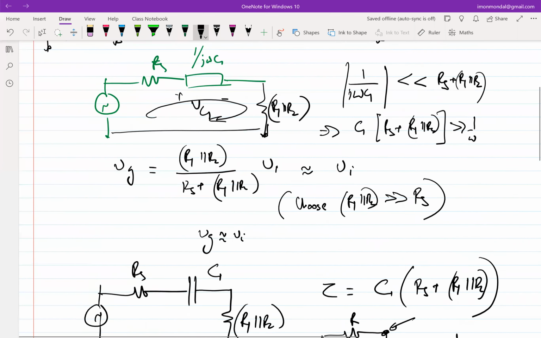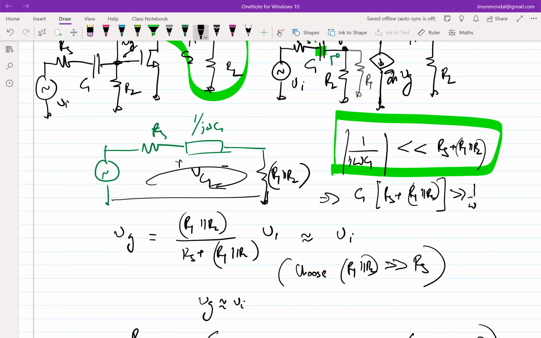So essentially, this is what we are after, and an easy way to come up with this condition without doing too much circuit analysis is to look at your network and see if you can reduce it to a bunch of first order networks, or at least one first order network.